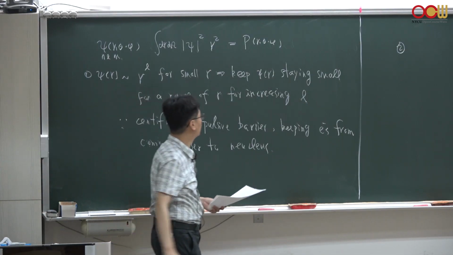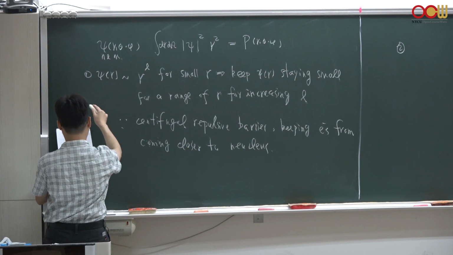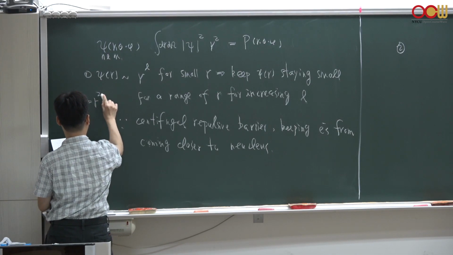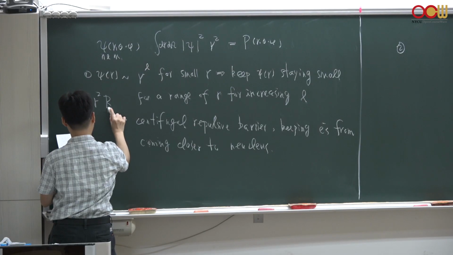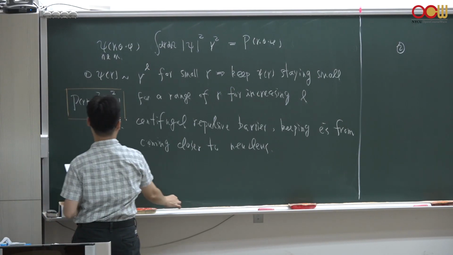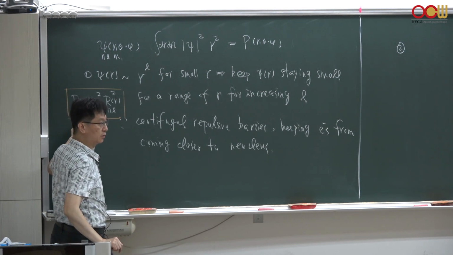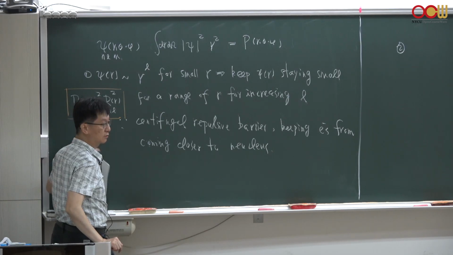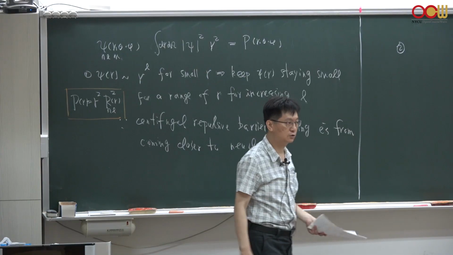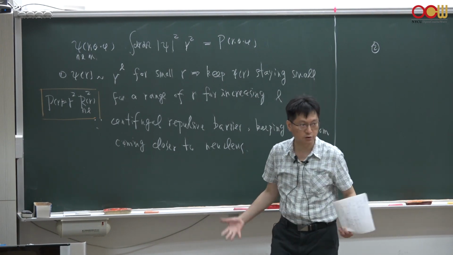In particular, if we look at the radial part of the probability distribution, it is given by r squared times capital R squared. You can plot this to see how the wave function is distributed, what the shape of these orbitals is, and so on.